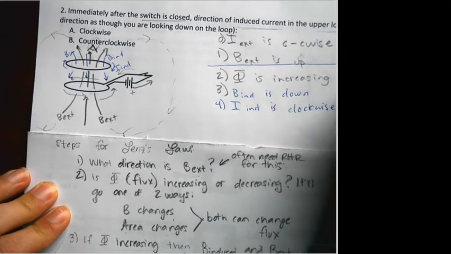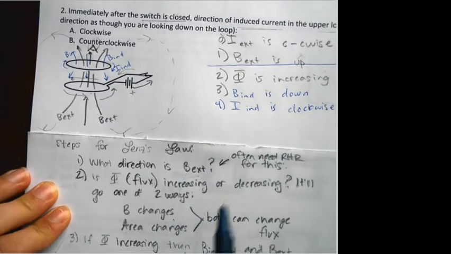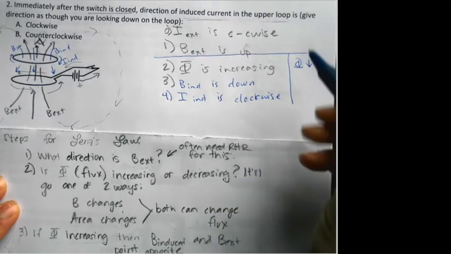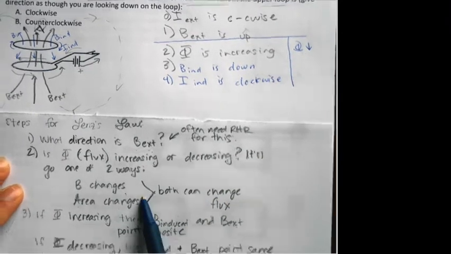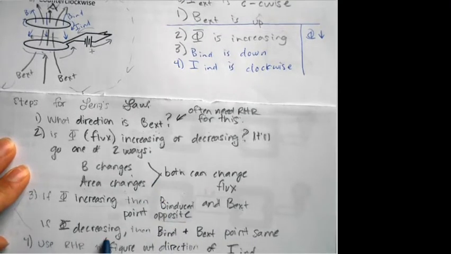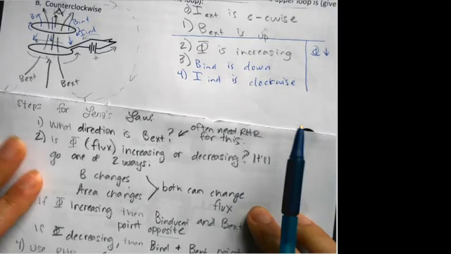But if the flux is decreasing, then B induced and B external point in the same direction.